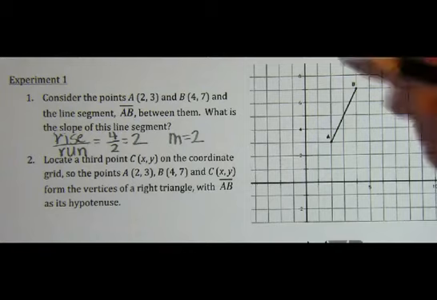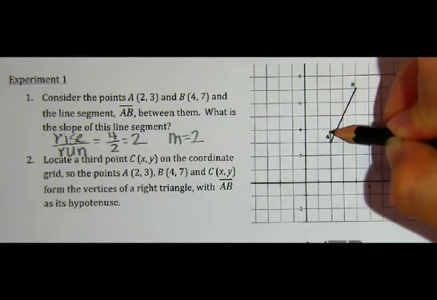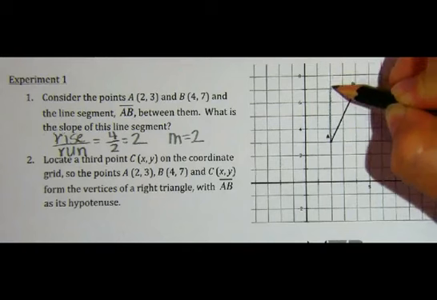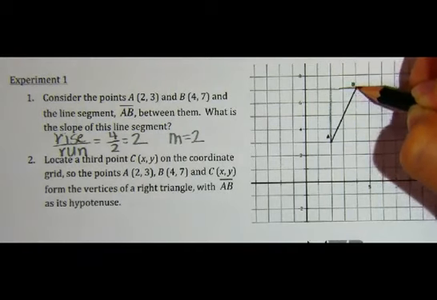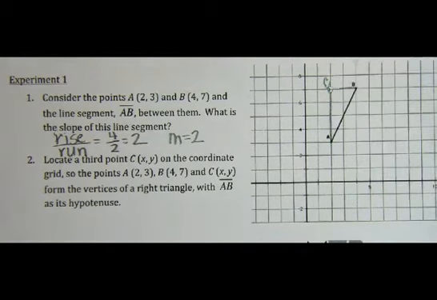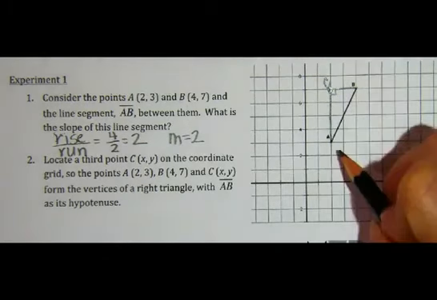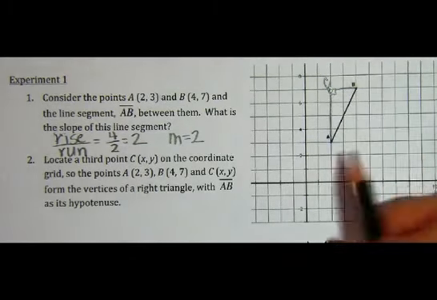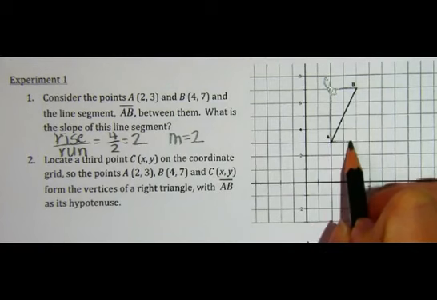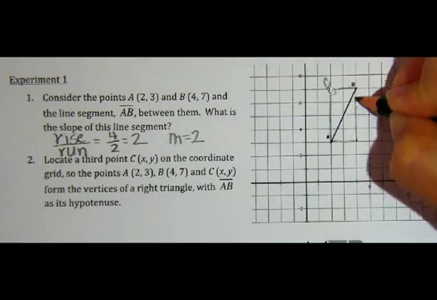So if we trace where we counted rise over run, rise 4, run 2, we can find point C such that a right triangle is formed. We could have also started at point A and run 2, followed by rise 4.